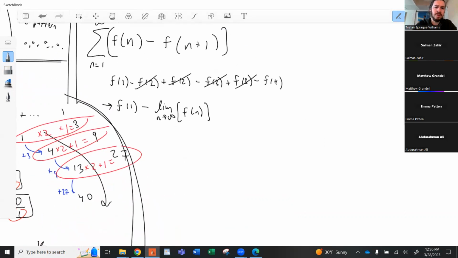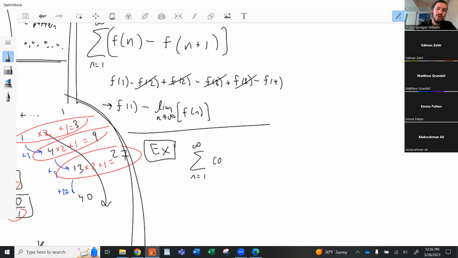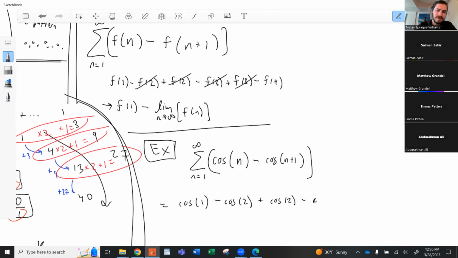So for example, let's say you're summing up cosine of n minus cosine of n plus 1. So what you get is cosine of 1 minus cosine of 2, plus cosine of 2 minus cosine of 3, and then plus cosine of 3 minus cosine of 4, etc., right?